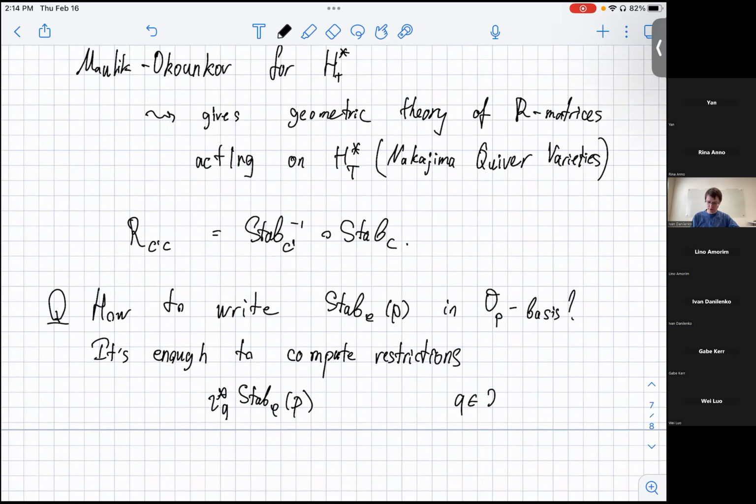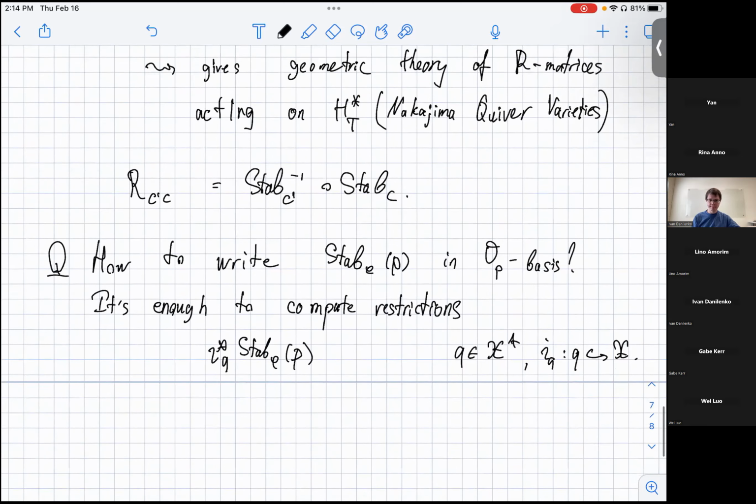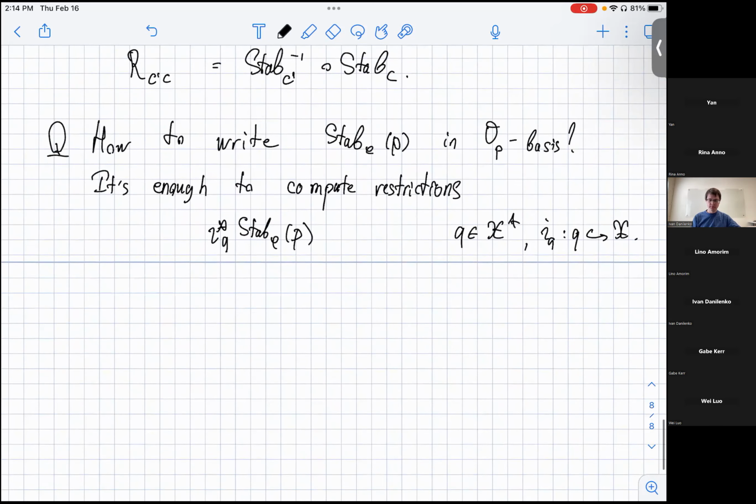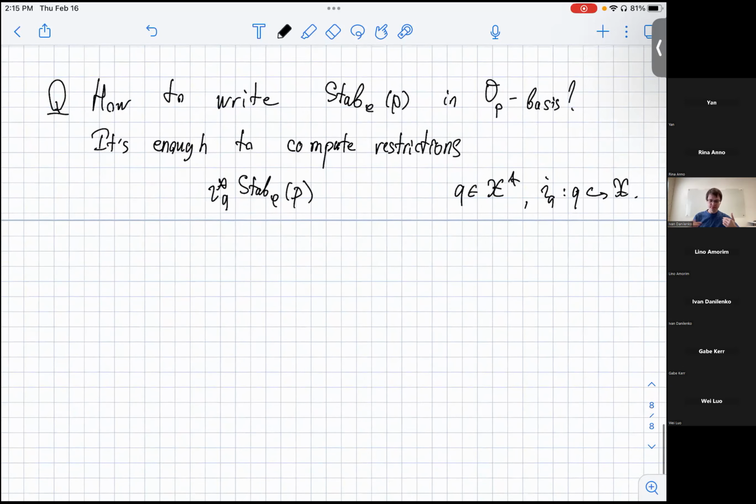Here Q is my fixed point and IQ is the inclusion of this point. I can compute it by the Mukai pairing.